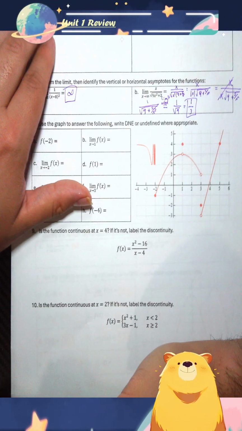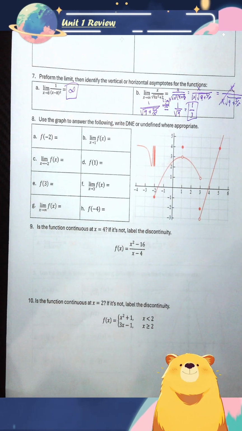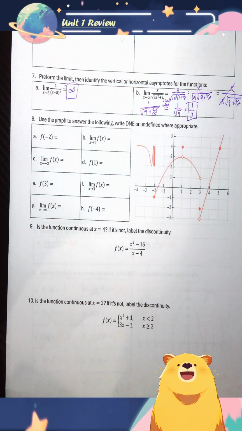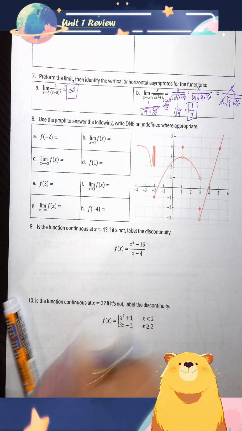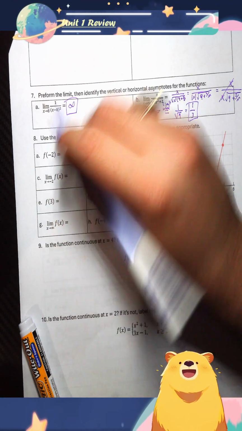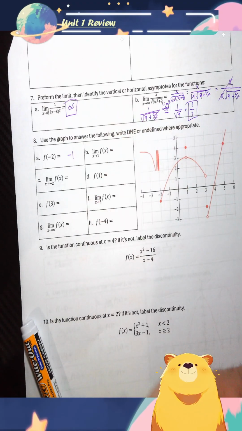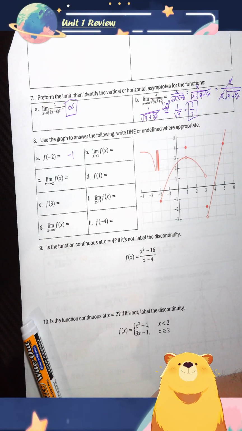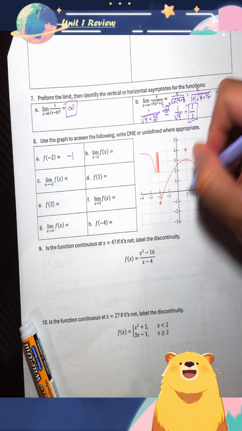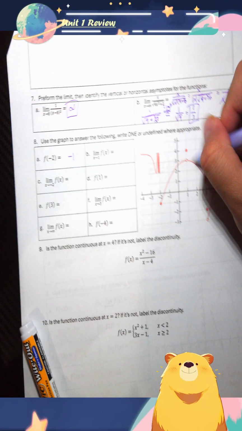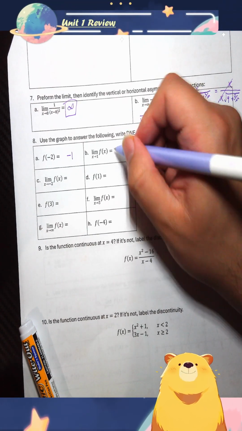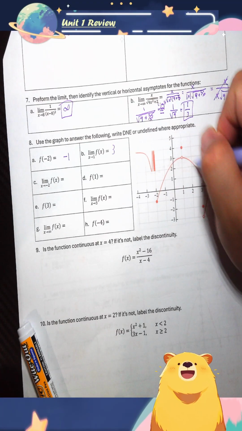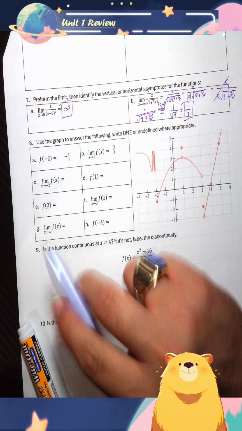Okay. Next for 8, we have f of negative 2. So that's going to be exactly negative 1. Or the limit as x goes to 1 for f of x. Although f of 1 is 4, via this line we would write 3, since from the left or from the right, it's coming to 3.